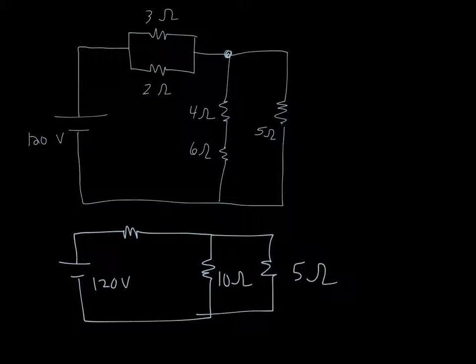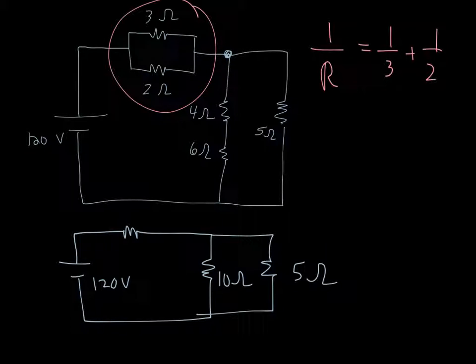1 over 3 plus 1 over 2 equals 1 over R. That's what I'm doing for up here, in case it's not clear. For that pink portion that I've circled, it's 1/3 plus 1/2 equals 1 over R. What does R turn out to be? So we replace it with 1.2.